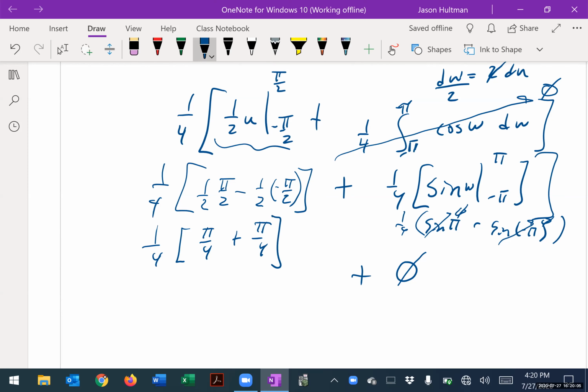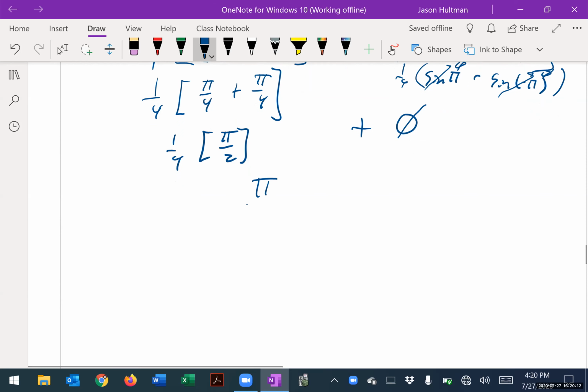It's 2 pi over 4, pi over 2. So this is 1/4 times pi over 2, which is pi over 8. Okay, which is the area. That's the sector area of this guy.